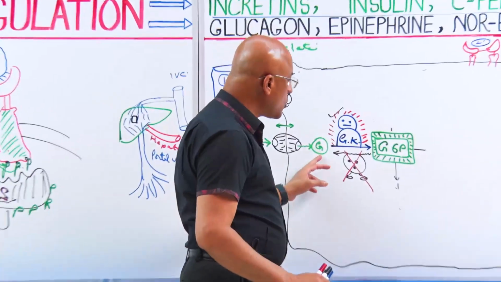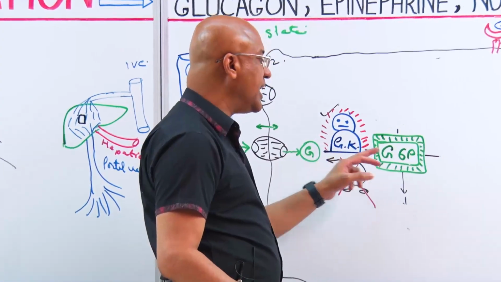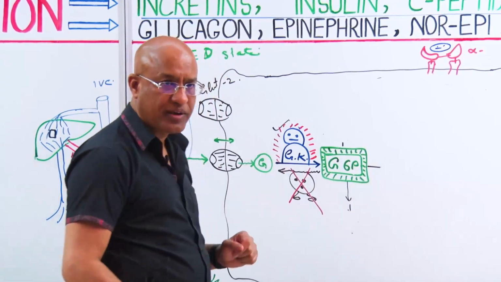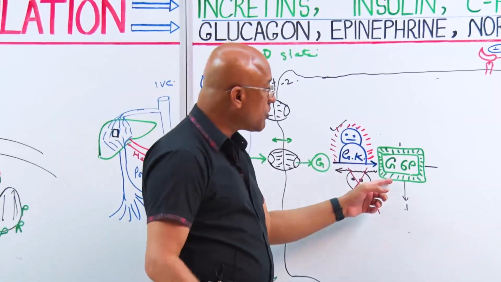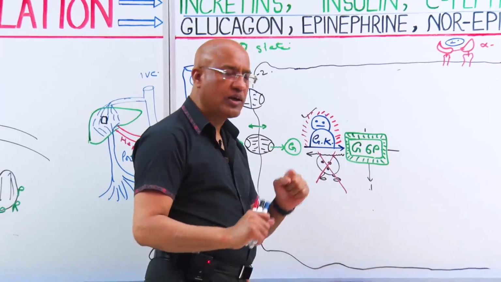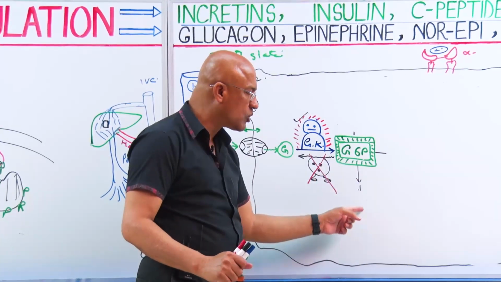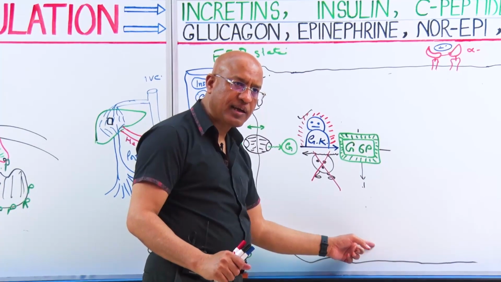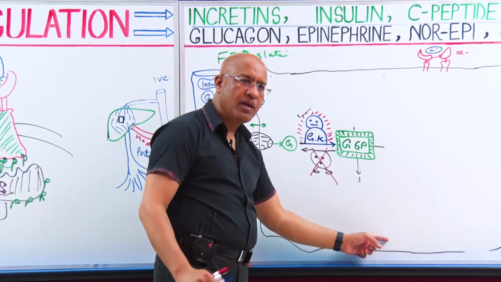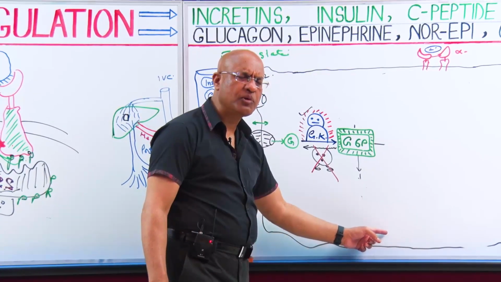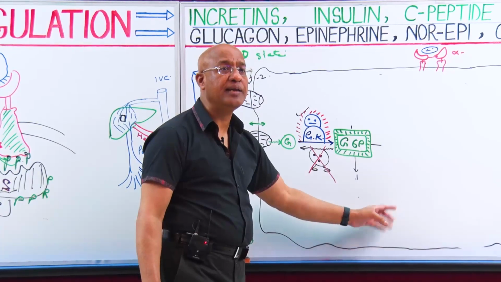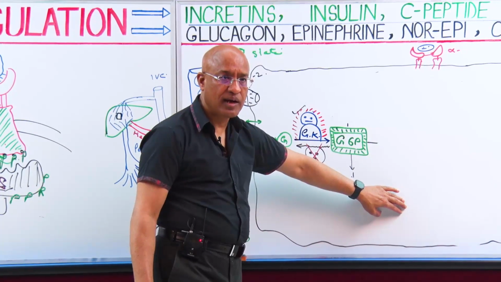Now, once the glucose under the influence of glucokinase has been converted into glucose 6-phosphate, what will happen to glucose 6-phosphate? One thing is, it simply should go to glycolysis pathway, Krebs cycle, and then it goes to the electron transport chain and produces ATP and energy for the cell, right?